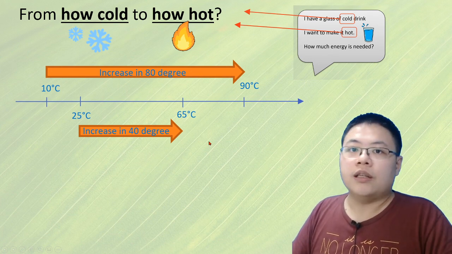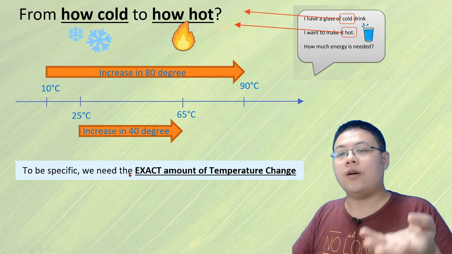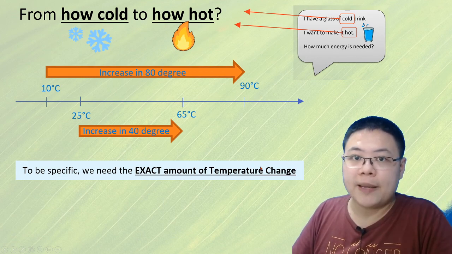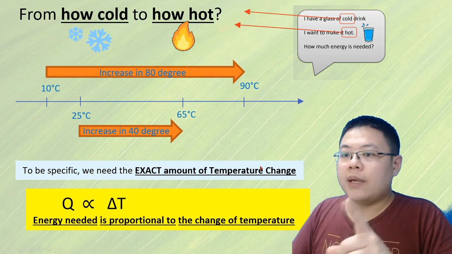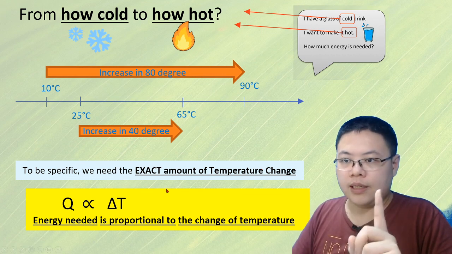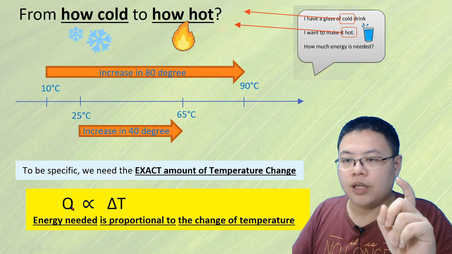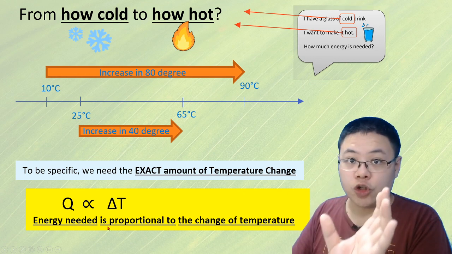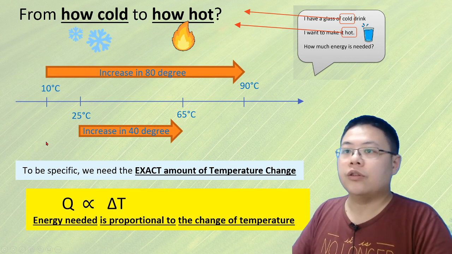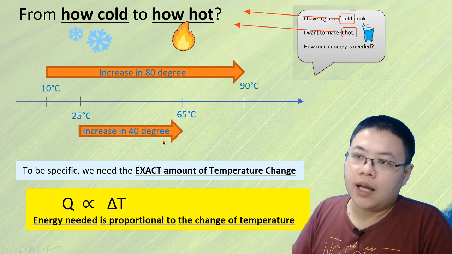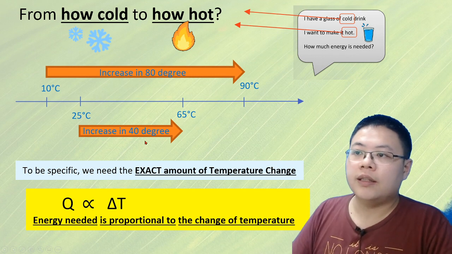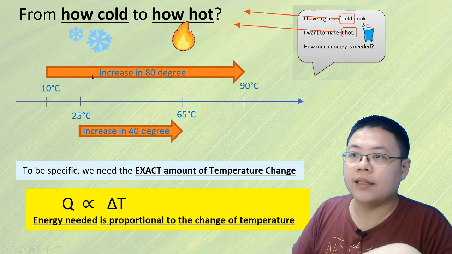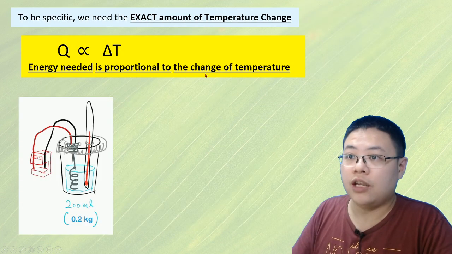Then the energy needed will also be half, because when we have the exact amount of temperature change specified, and making use of these second properties, the heat energy needed is proportional to the amount of change in temperature. So for 40 degrees Celsius, the amount of energy needed is half of that of 80-degree change.